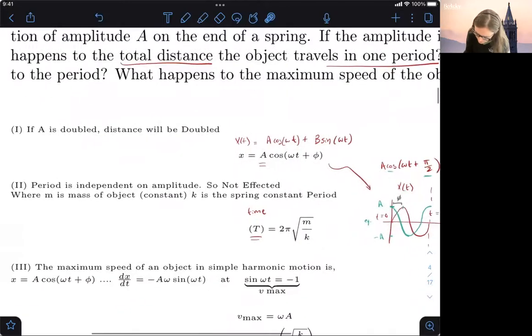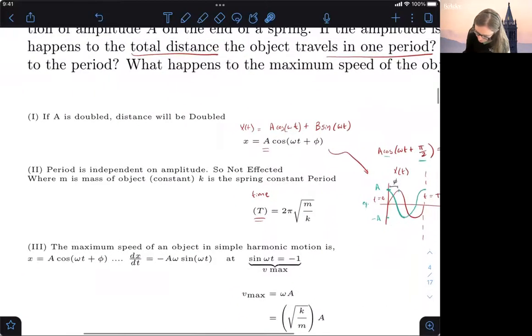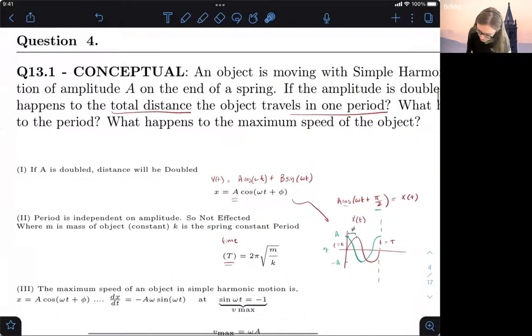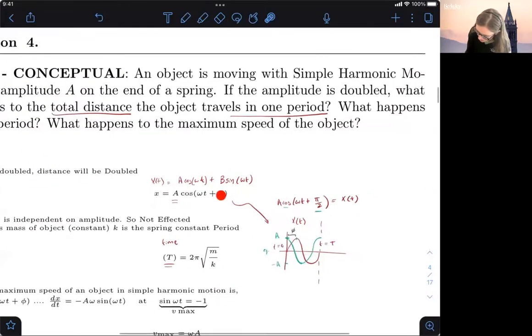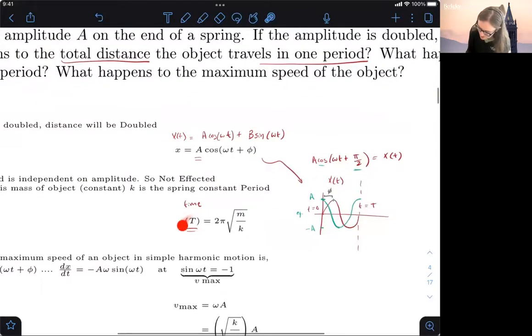All right, for part 2, what happens to the period? The period is our time. This is our phase shift. Sorry, I misspoke.